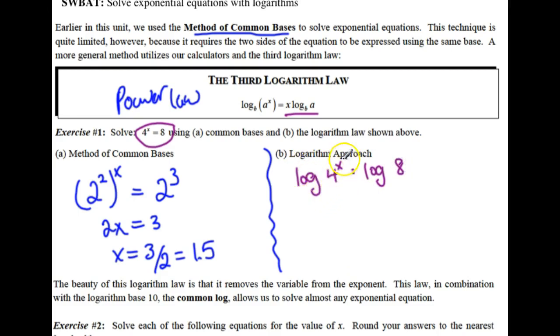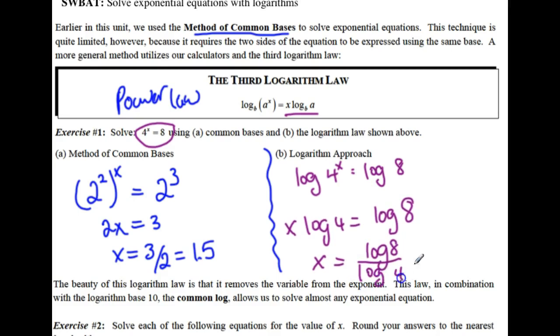Using the power rule, we take our exponent, bring it forward, so we have x times the log of 4 is equal to the log of 8. And solve for x. This is all what we have been doing. Divide both sides by the log of 4. Put that in your calculator and we'll get the same exact thing, which is 1.5.